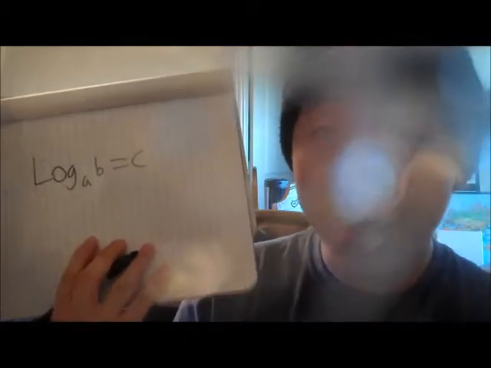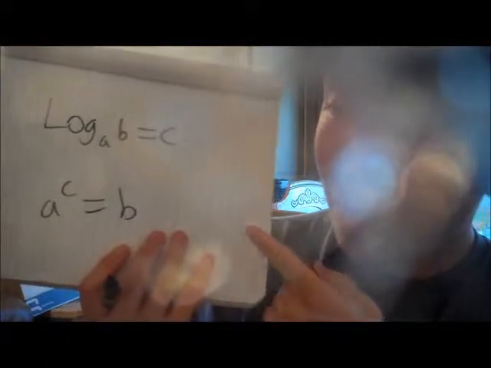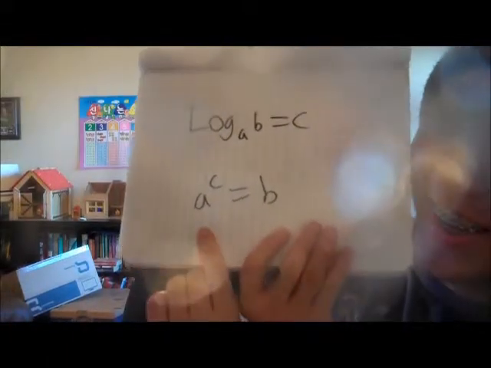Alright? So guys, we know that log base a of b is equal to c. Right, guys? Let's say that. And we also know that we can write it like this, right, guys? But now, guys, b is now to the x power.